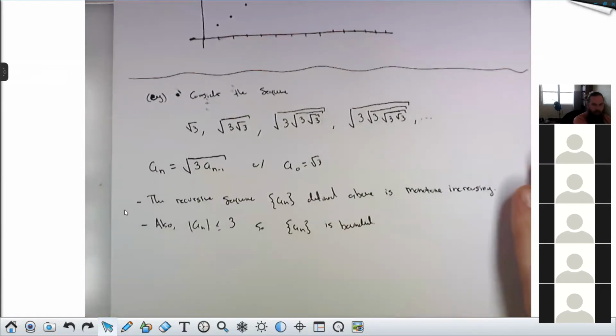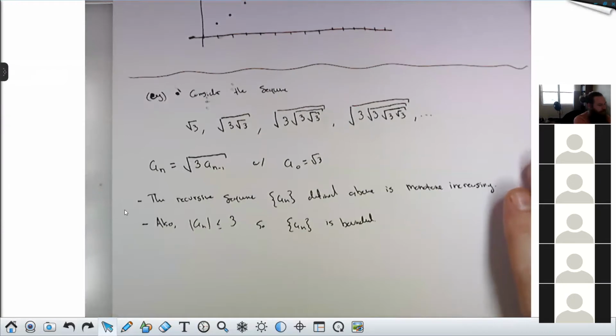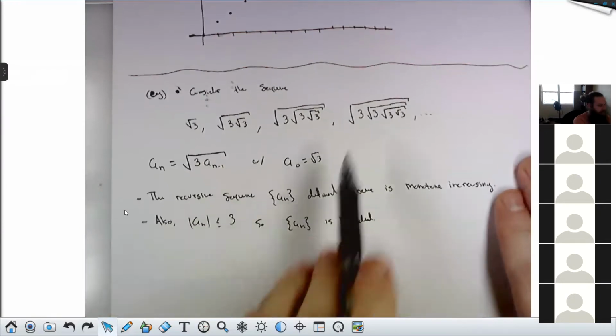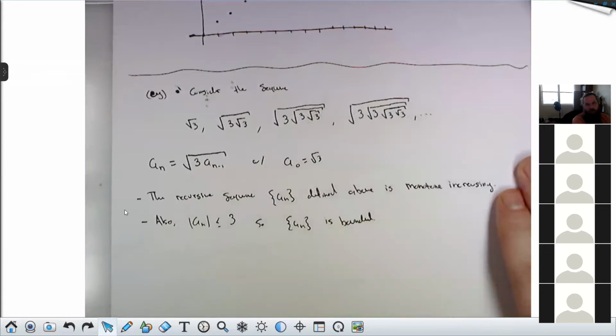But what I want to show you how to do is to calculate the limit of such a sequence. So what I claim is that if you take an infinite nesting of square roots of 3 like this, that actually converges to a particular finite number.